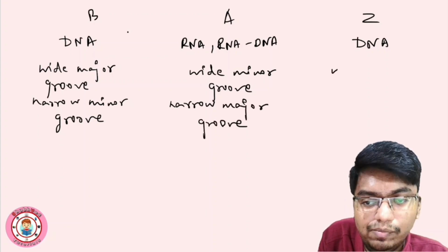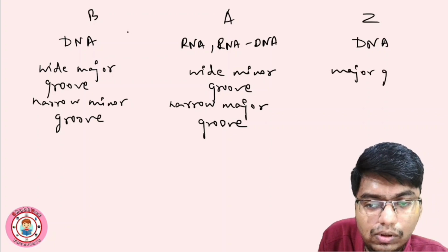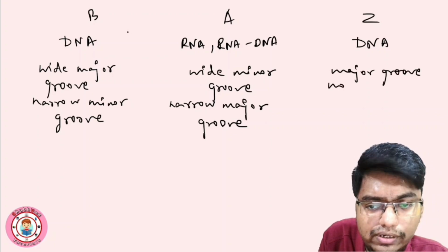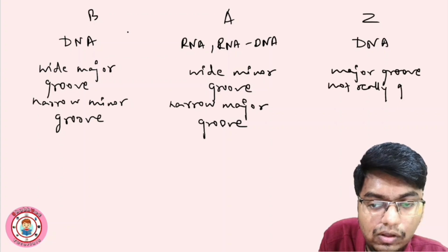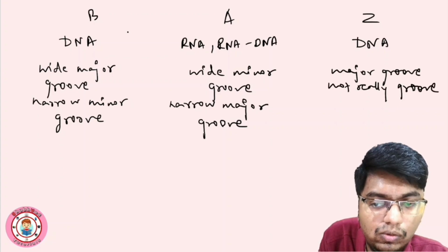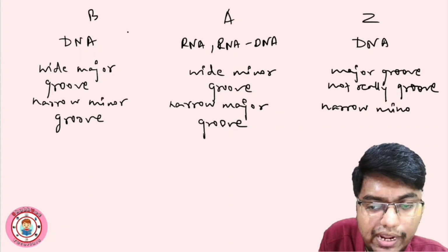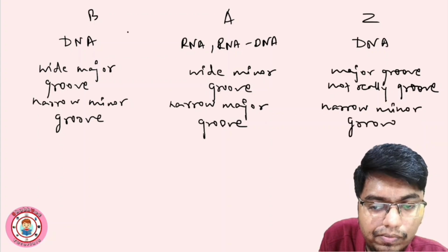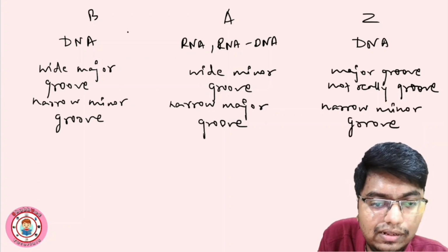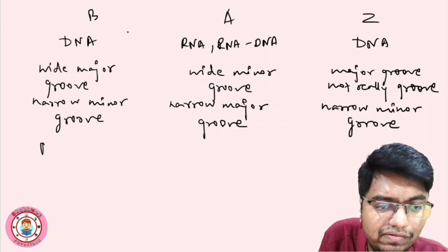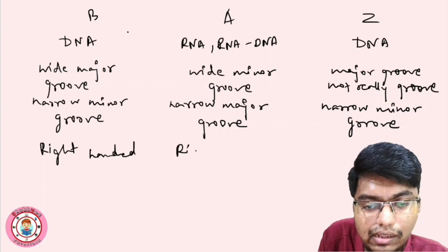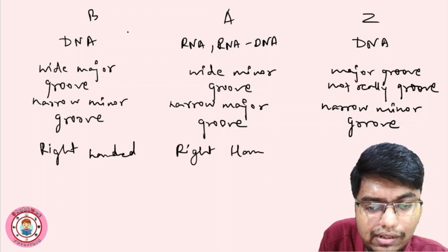Z form has no real major groove, and a narrow minor groove. Then B and A are right-handed, and Z is left-handed.